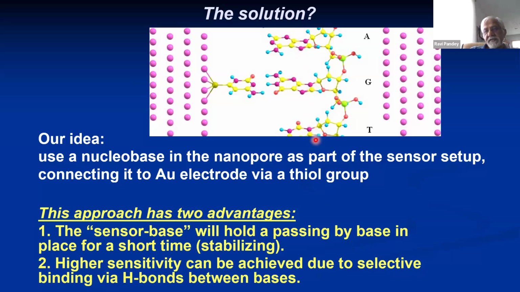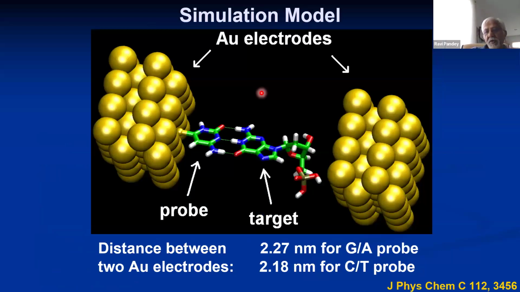So we suggested, let's add this probe to our nanopore contact and see if this interaction between the probe and the DNA can stabilize the current. So this is the model system. You have the contacts, the gold. That's our probe, and this is our target passing through it.